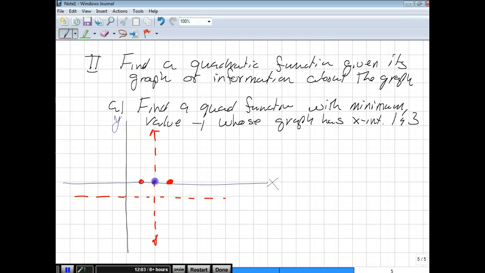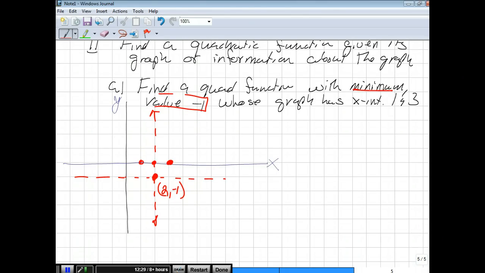And so this goes through at 2. So the x value of the vertex is 2. And remember the minimum or maximum value is the y value of the vertex. So we know the vertex then is at 2, -1.